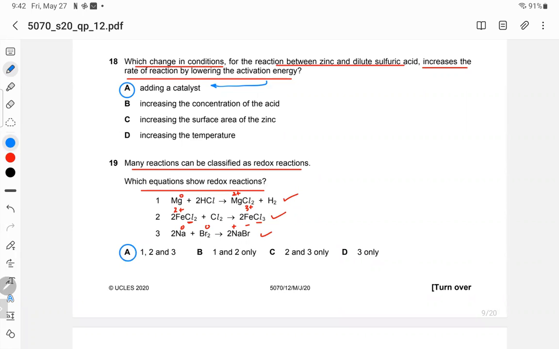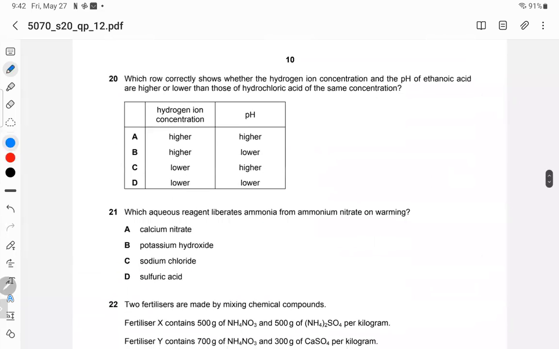Is it clear? जी सर. Question number 20. Which row correctly shows whether the hydrogen ion concentration and the pH of ethanoic acid are higher or lower than those of hydrochloric acid of the same concentration?